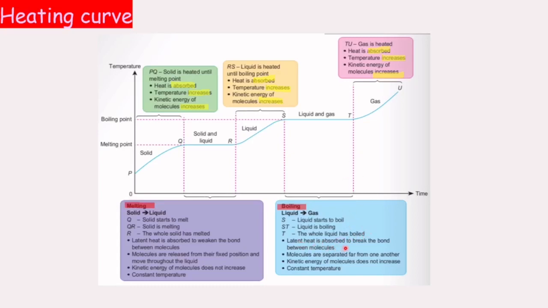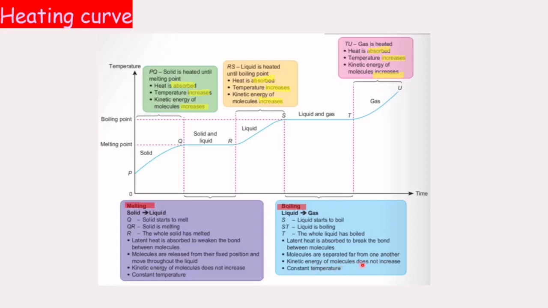Latent heat is absorbed to break the bond between molecules. Same as the melting process, we need to break the bond so that the liquid can become gas. When we break the bond, the molecules are separated far from one another.